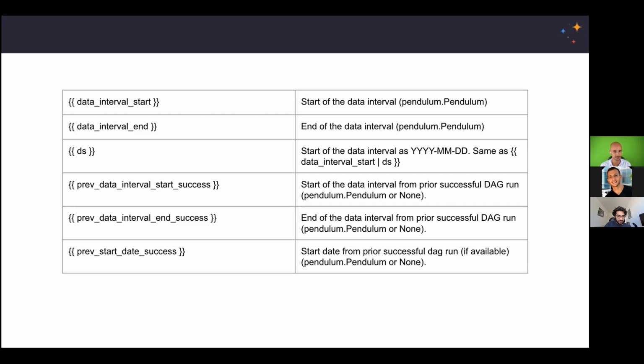How can I do that? Well, with prev_data_interval_start_success, you can use that one in a branch operator as your first task and say, okay, if the prev_data_interval_start_success is equal to None, or actually is equal to a date that doesn't correspond to my previous DAG, then that means the previous DAG didn't succeed, and so I shouldn't trigger my current DAG.